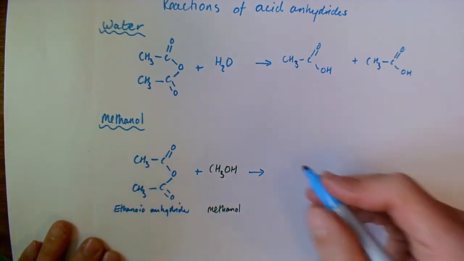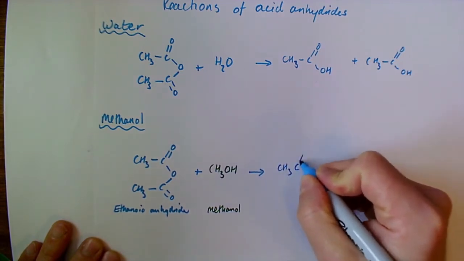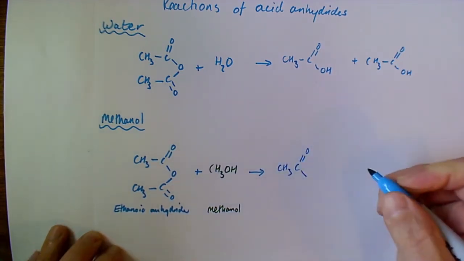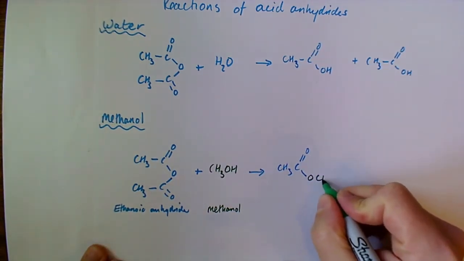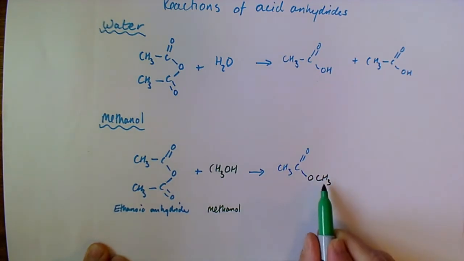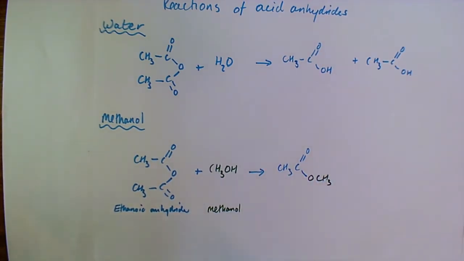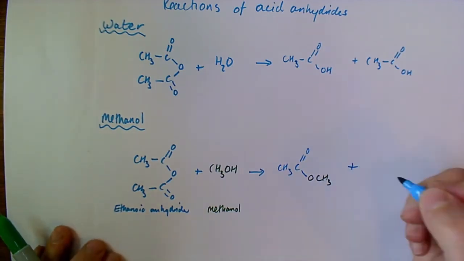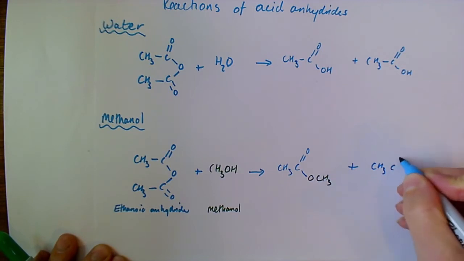So what happens here? Well, we're going to make an ester now. So now I've made a methyl ester of my anhydride. And what's left over is going to be some ethanoic acid.